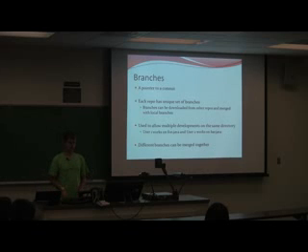Branches, unlike commits, are not synced in quite the same way. So the server will have its set of branches, and your repository will have its set of branches, and it's not quite automatic that the branches line up with each other. That's something you have to do manually.